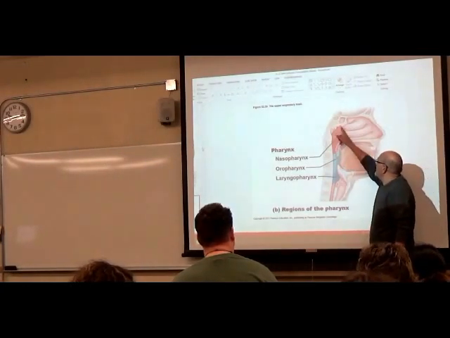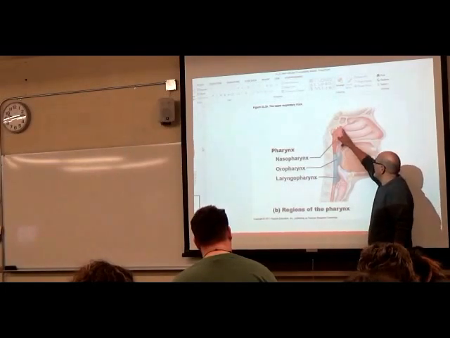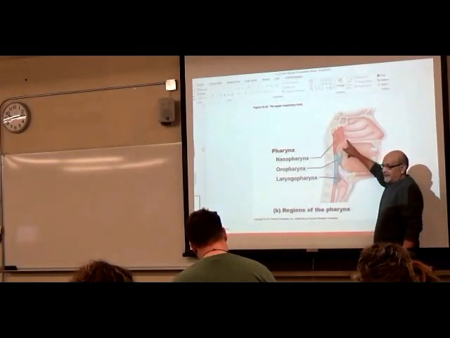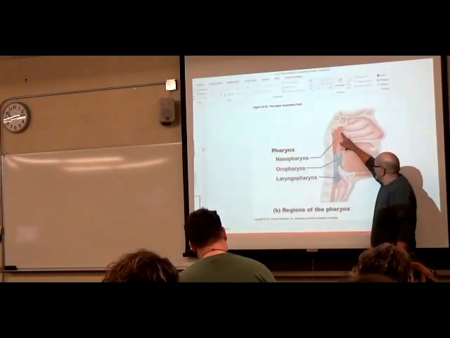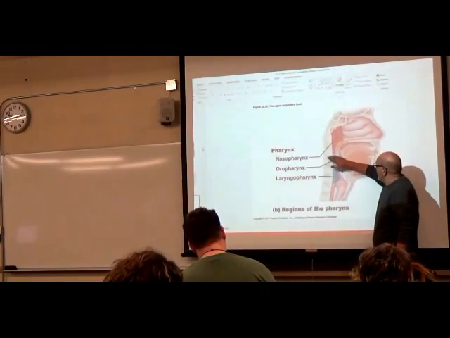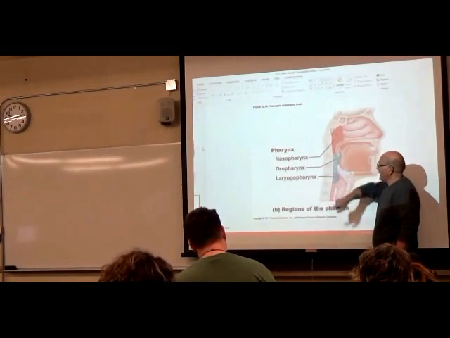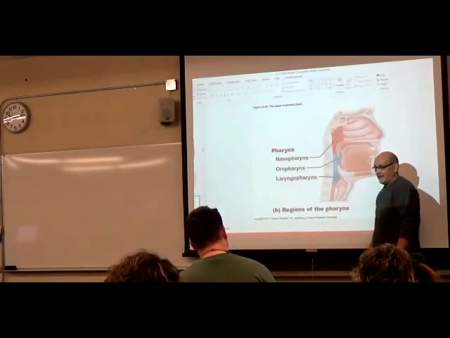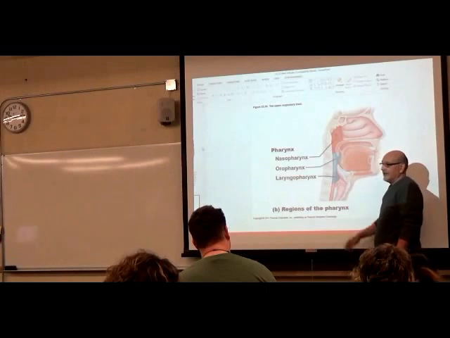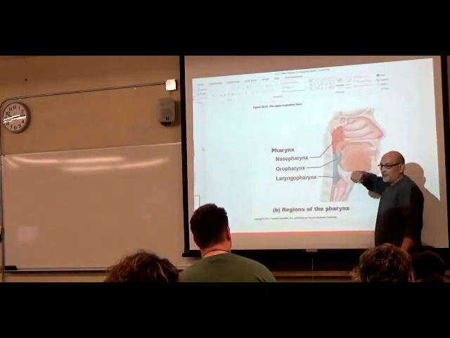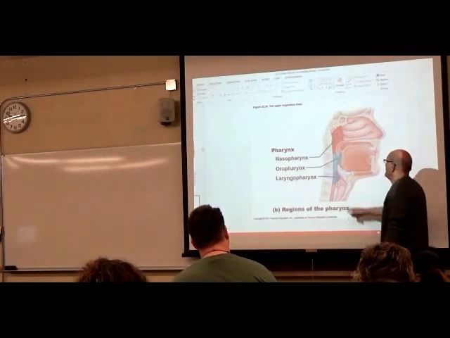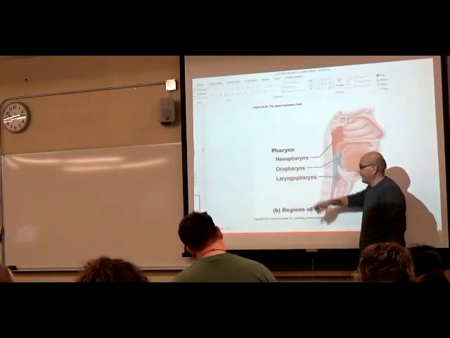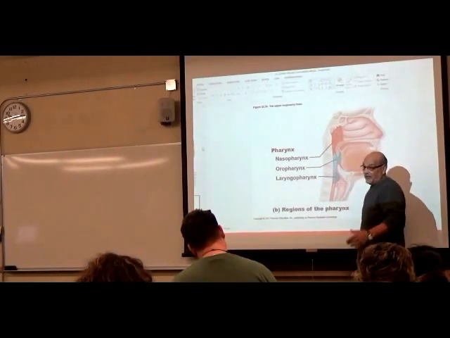So nasal pharynx runs from what they call the posterior nares. So this would be the anterior nares and the posterior nares, and it stops around the top of the soft palate. So it runs from posterior nares to soft palate. That's your nasal pharynx. So if a sticky would be here, you'd say nasal pharynx. If a sticky would be here, you'd say oral pharynx.